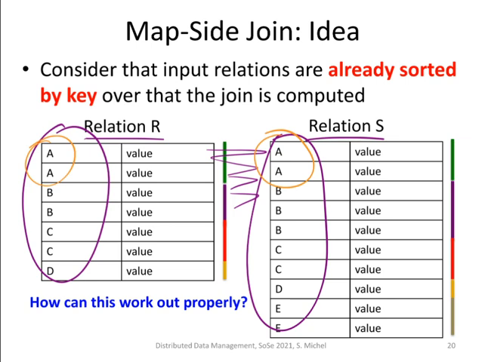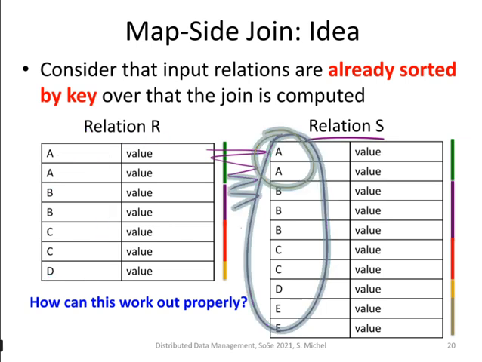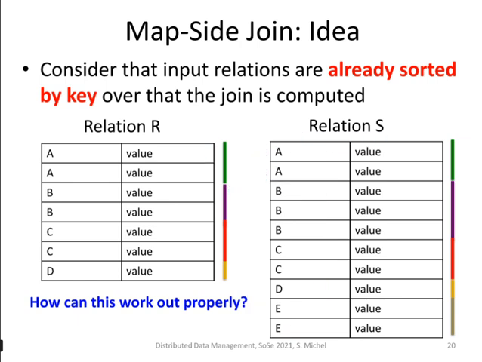So these relations here are super large, and we again know that they are chunked up and are placed in our distributed file system. So how can this now work out in MapReduce, that we can join these corresponding values?